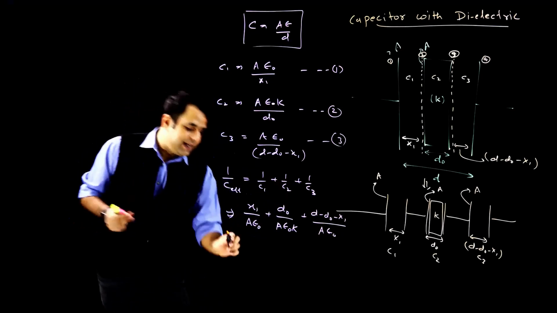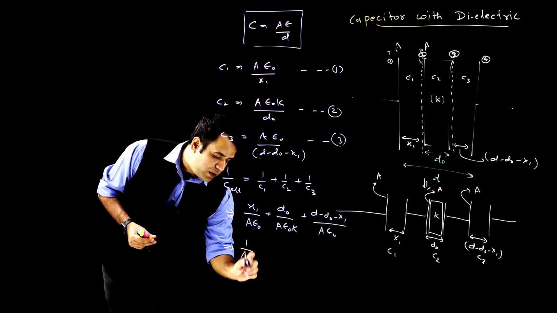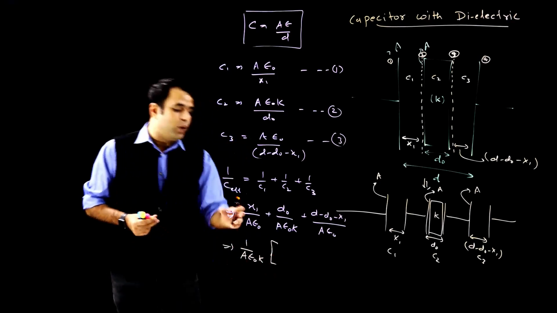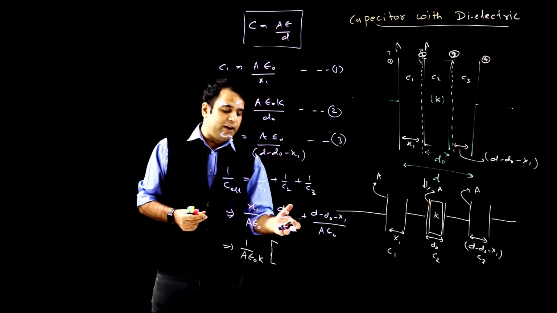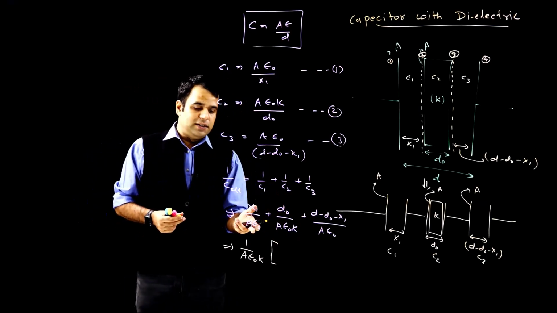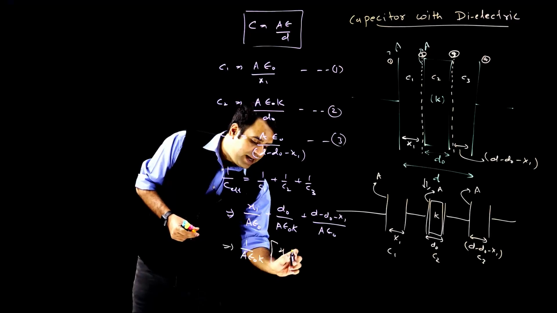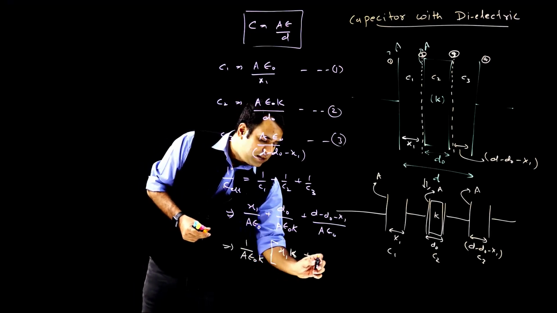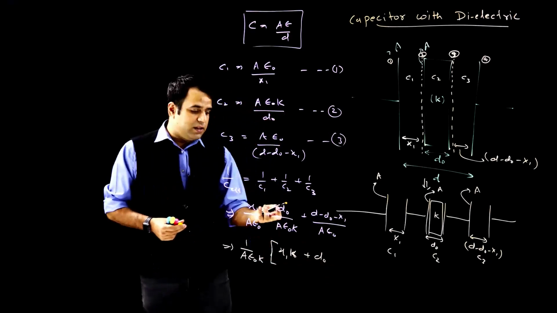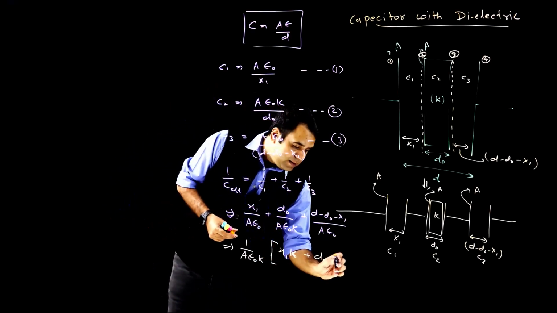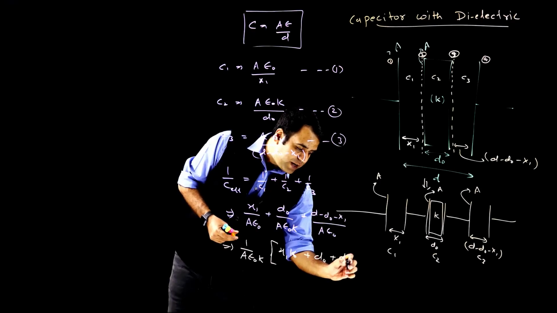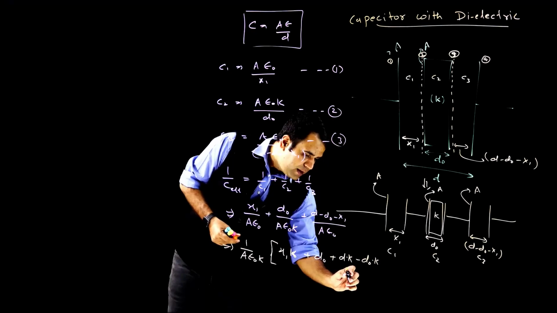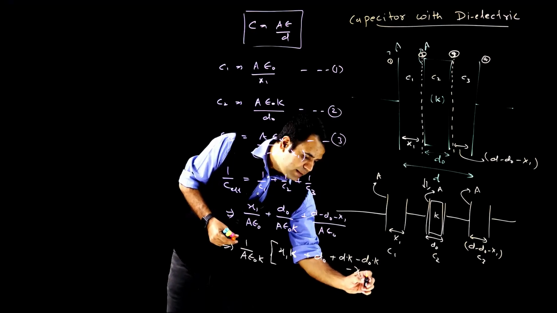In this case, let's take 1 upon A epsilon naught K common. If I take that common, there is no K here, so upside it will be x1 times K, plus D0, because there was a K here, and plus D minus D0 minus x1 times K.